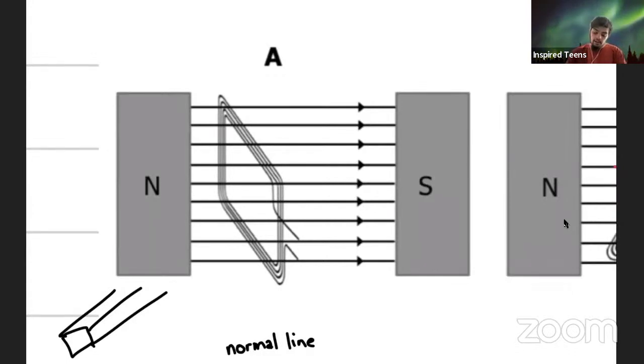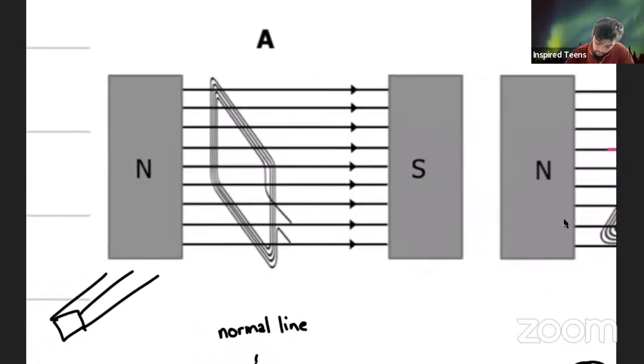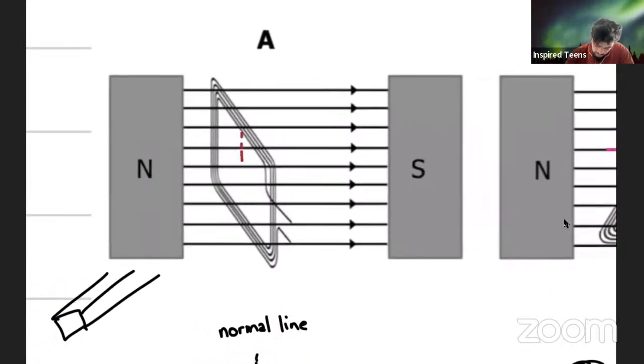So the normal line for this one would be in this direction, perpendicular to the surface. And of course, you still have the magnetic field line.